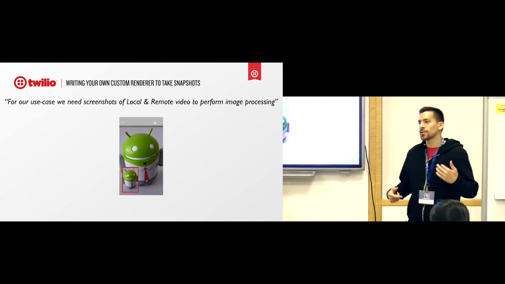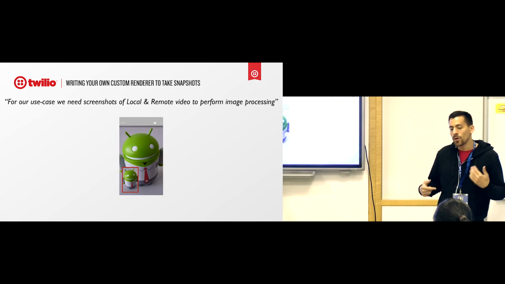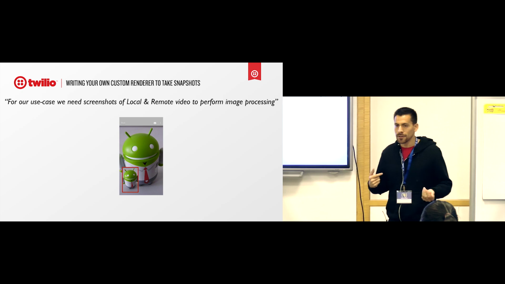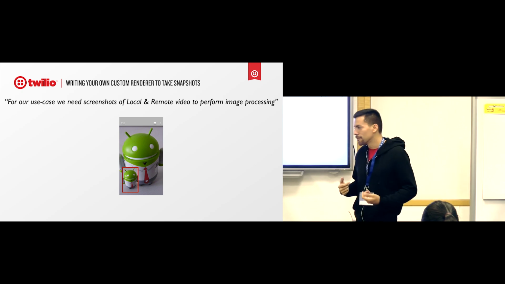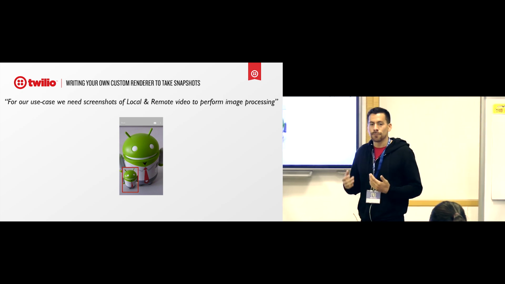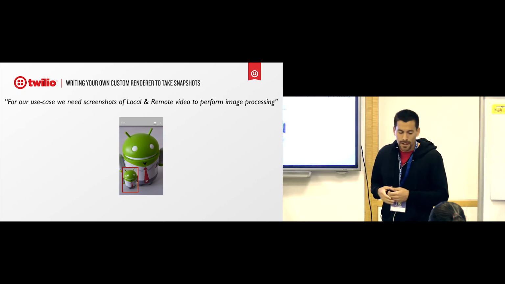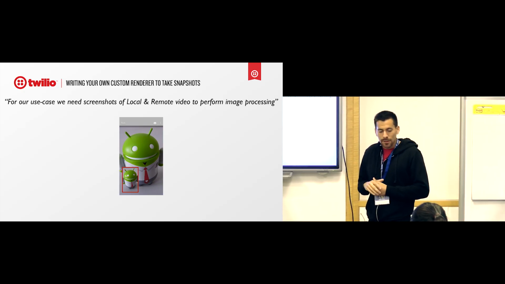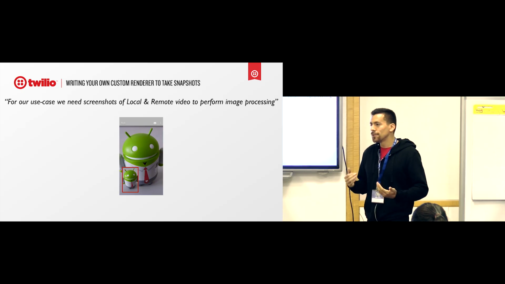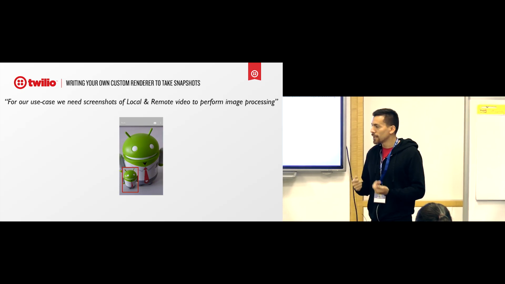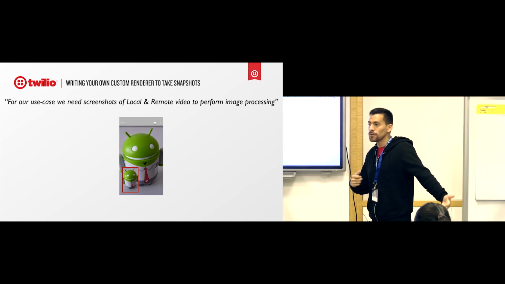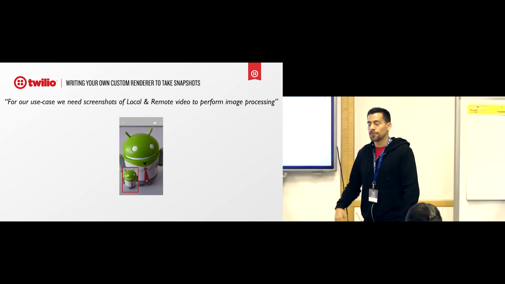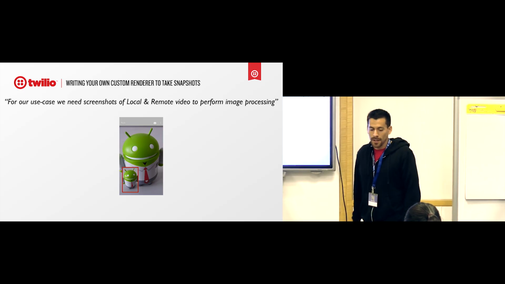Recently, I've gotten quite a few requests for a particular feature that required thinking about how to write a custom renderer. This particular customer reached out and said, we want to do some image processing on the frames that we're getting, in some cases on the local streams or even on the remote streams.